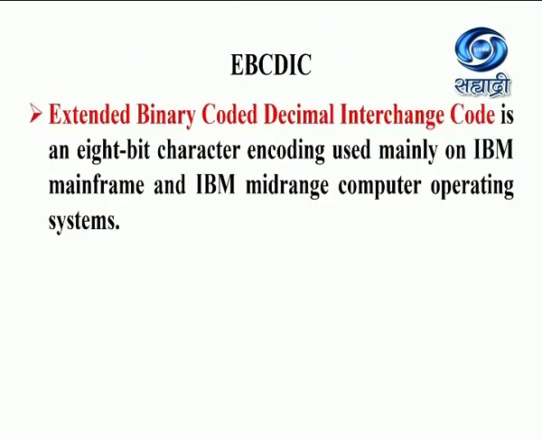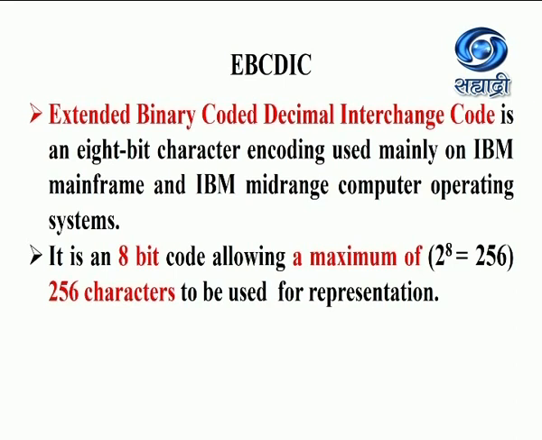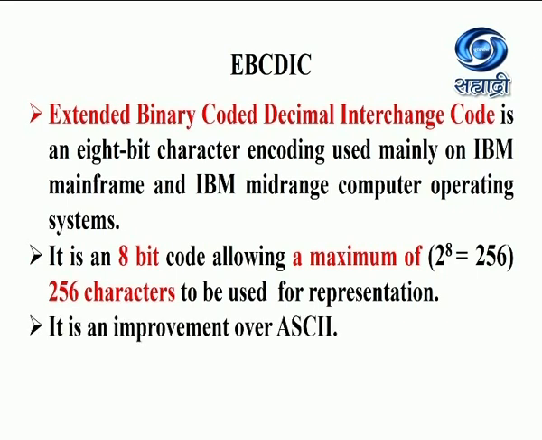EBCDIC, extended binary coded decimal interchange code, is an 8-bit character encoding used mainly on IBM mainframe and IBM mid-range computer operating systems. It is an 8-bit code allowing a maximum of 256 characters to be used for representation. It is an improvement over ASCII.